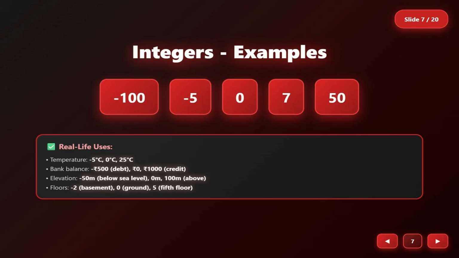Elevation, -50 meters below the sea level or 0 meters, which is right at the sea level, and 100 meters above the sea level. Building floors, -2, a basement level, 0, ground floor, 5, fifth floor up. Negative numbers help us represent things below 0, less than 0, or going in the opposite direction.